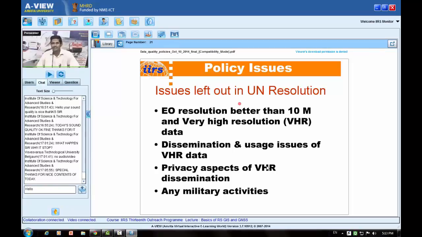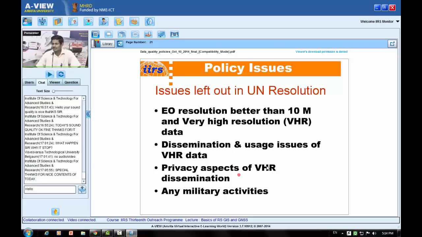So whatever new things are coming, they were not properly brought out at that time. Obviously, because at that time that much high resolution data was not there. And then they have not addressed the dissemination and usage of very high resolution data, and privacy aspects of high resolution data. Suppose there is somebody's property, and you go there and take a photograph.